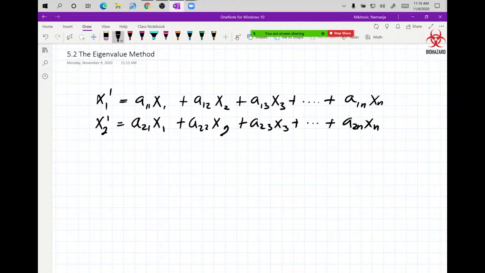a2n xn, we need the third one fully written.